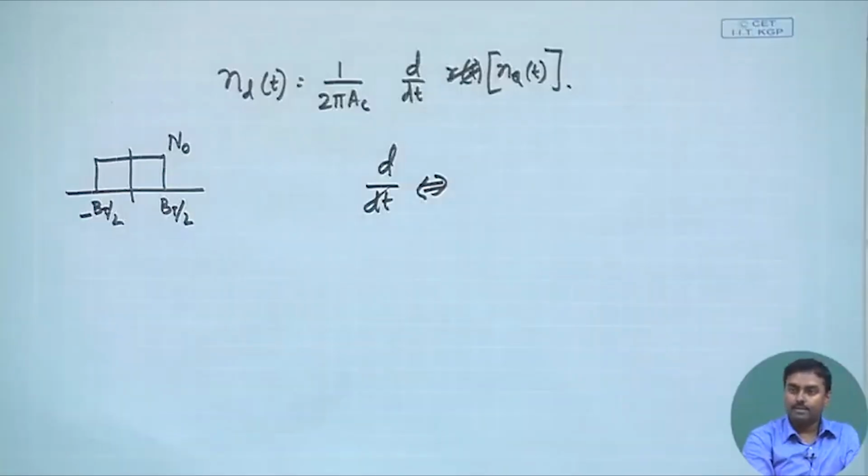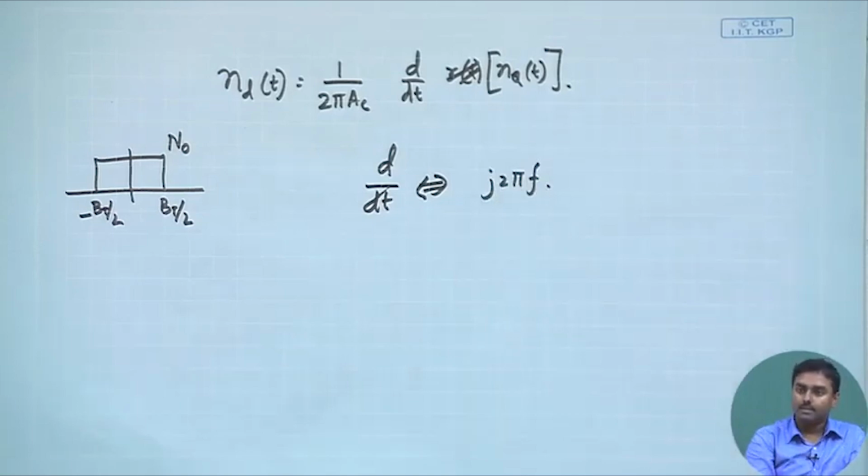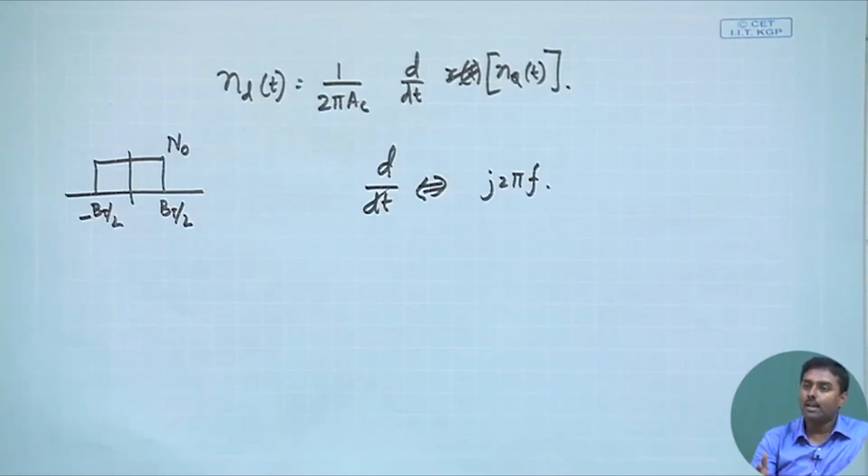Let us now look at the ideal differentiator. What is the Fourier transform of that? That is actually j 2 pi f. We have already proven that an ideal differentiator is also a linear time invariant circuit. If we have a random process as input to a linear time invariant circuit, then the output power spectral density will be mod H f square, where H f is the transfer function of that circuit, times the input power spectral density.